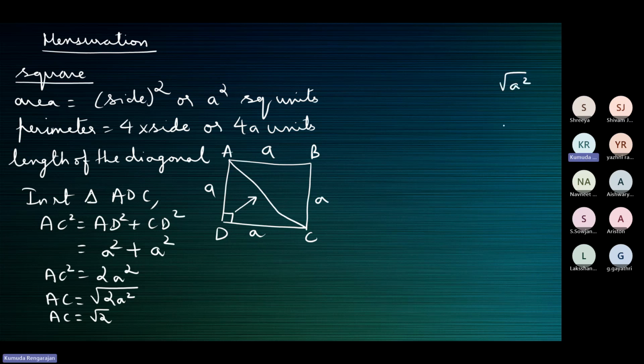Square root of a square means square root of a into a, so from two a's, one a comes out. So root 2 a units. The 2 remains under the square root. So the formula to find the length of the diagonal of a square is root 2a units.